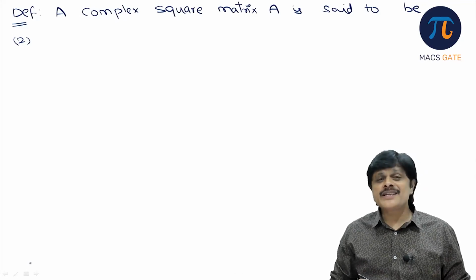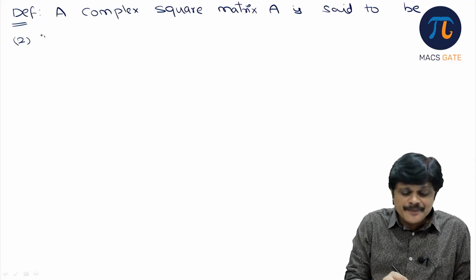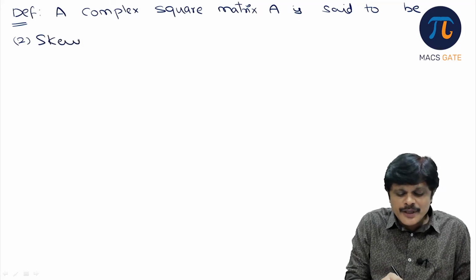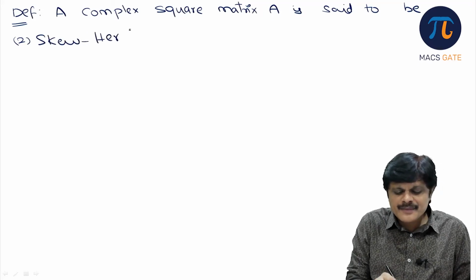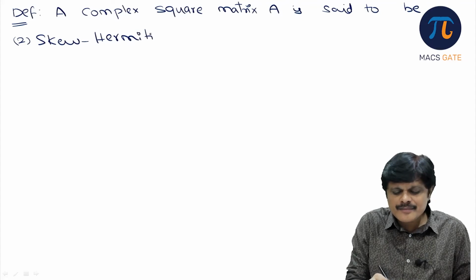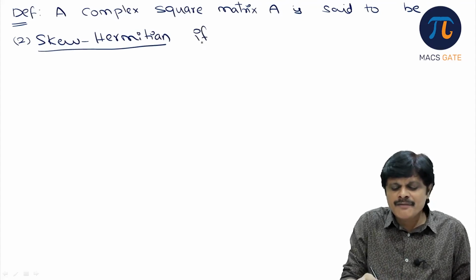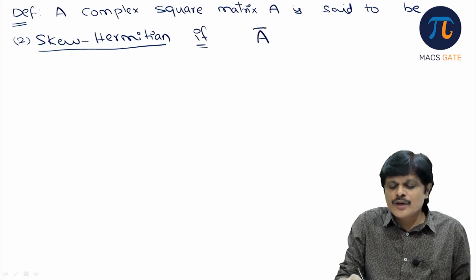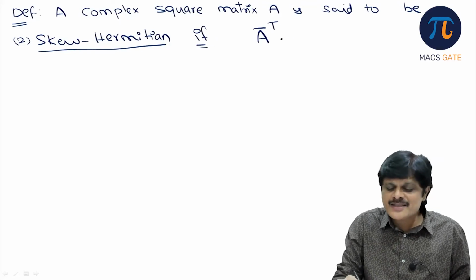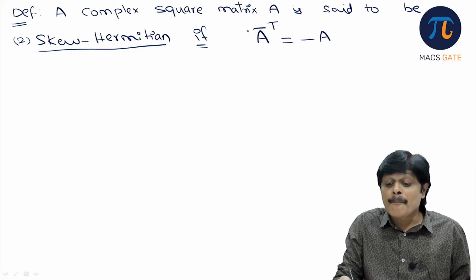A complex square matrix A is said to be skew Hermitian if the conjugate transpose of this matrix is equal to minus of the matrix.